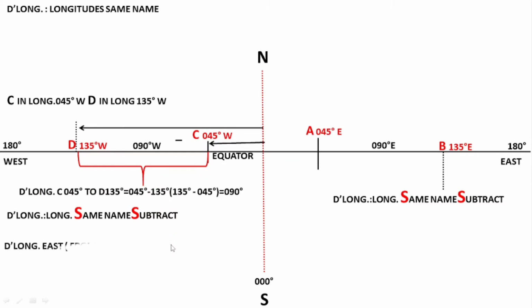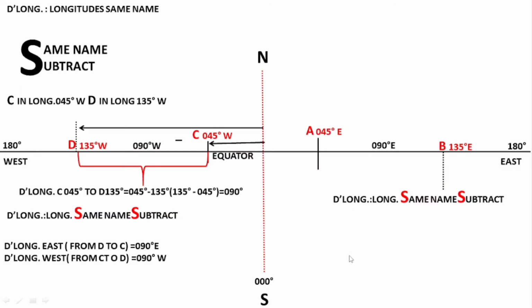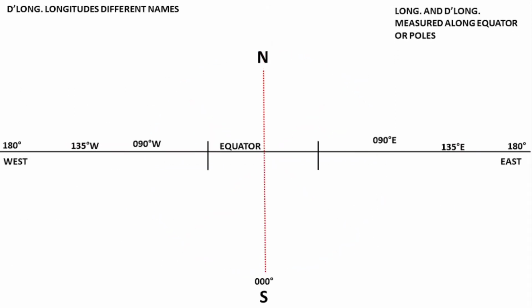And naming is from and to. I'm repeating this because this should get into your head. So if you're going from C to D, you're going towards west. From D to C, you're going towards east. Same name, subtract.